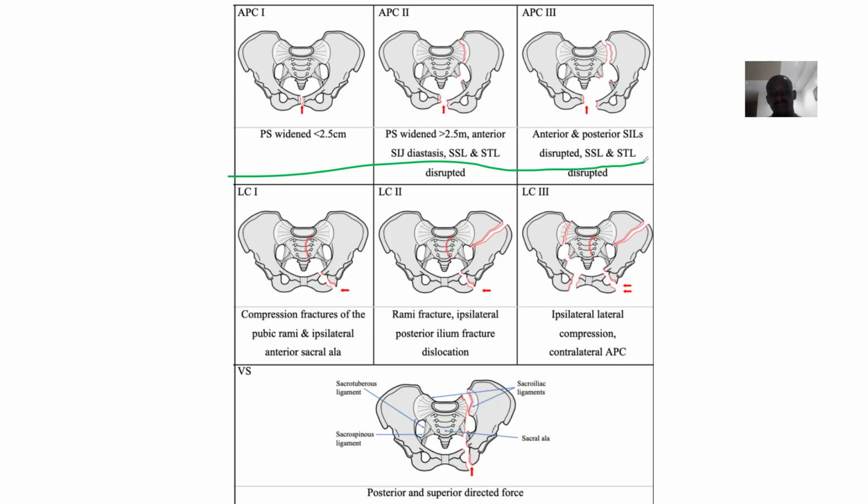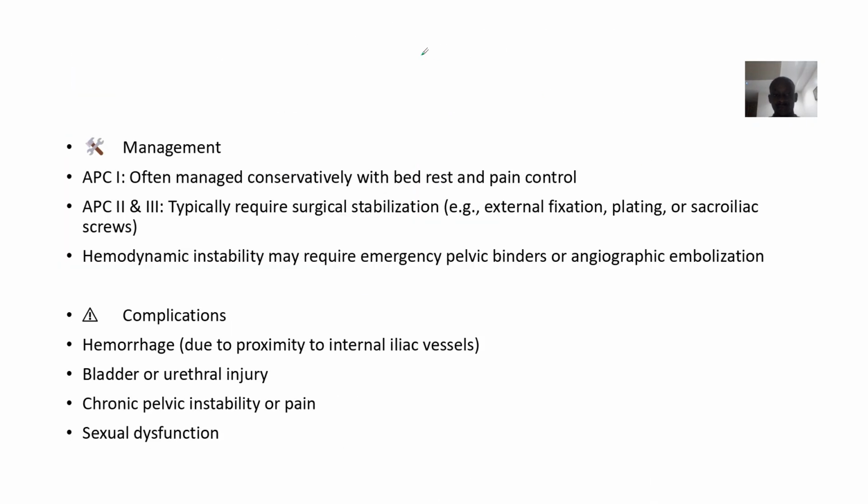That's a Young-Burgess system. So management for type 1 is often managed conservatively with bed rest and pain management, while type 2 and 3 typically require what? Surgical stabilization. All right. Plating, sacroiliac screws, and all of that.